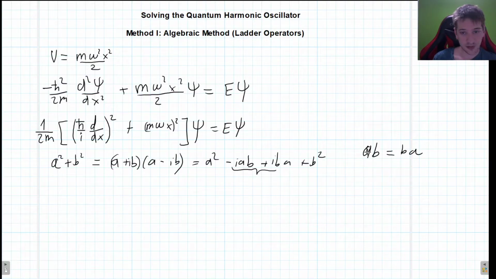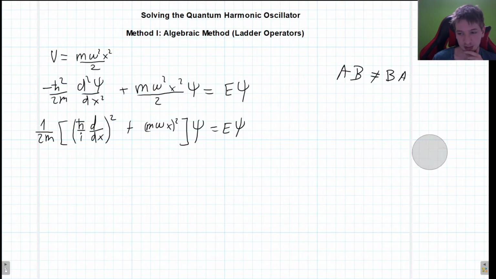If we have some operator, big A, multiplying big B, this is not necessarily the same as B times A. So we can't really just factor this expression in this form, because we don't know if our operators in here will commute. I hope you have seen a bit of commutators in the past. If not, we will dedicate some more time to it in the future, and it's not really that important for now. It's just important that you understand this concept.